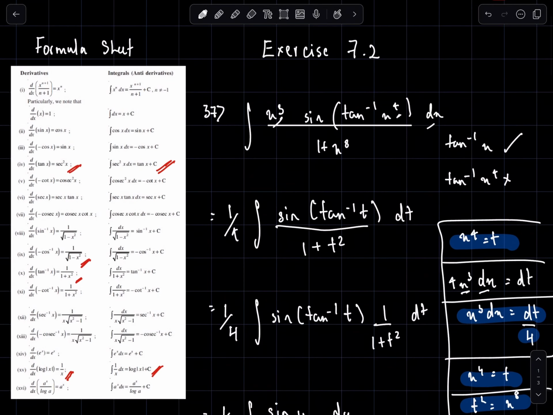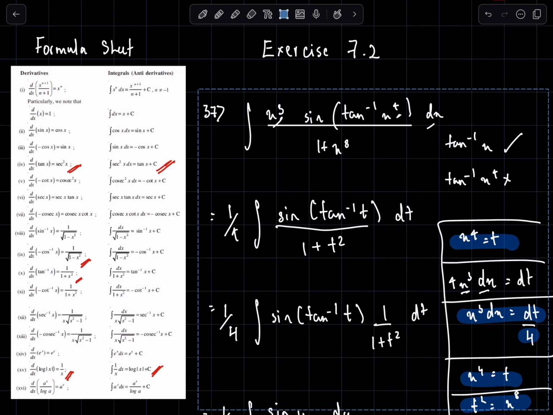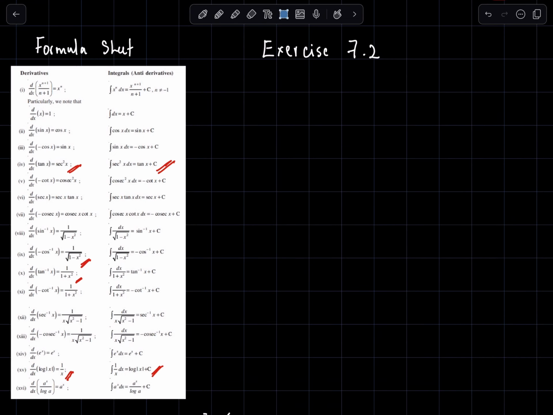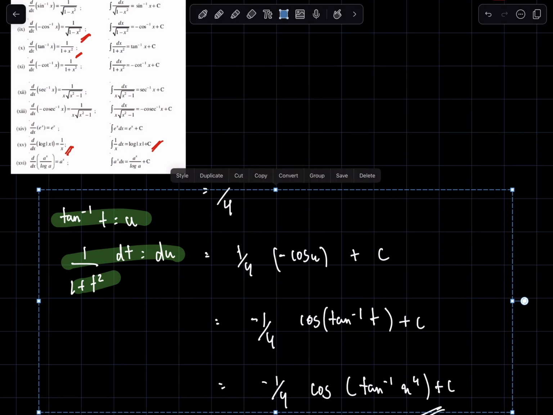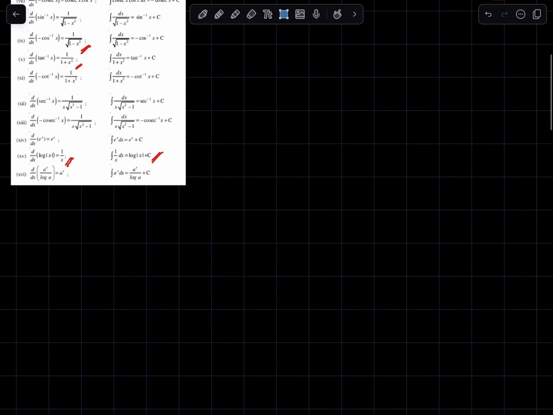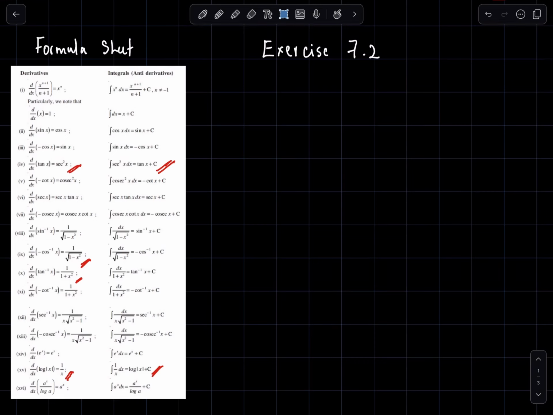Okay, so now question number 38. 38 is an interesting question. I think this is the first time you'll be using another formula apart from what we're used to. Okay, so let's see.